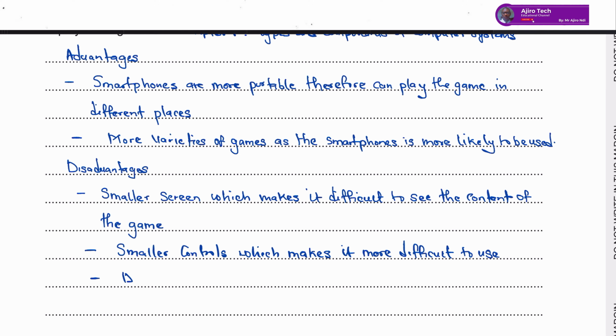I think I'm not going to talk about battery because again, it's not a criteria to talk about both of them, right? One doesn't use it, it relies on power.